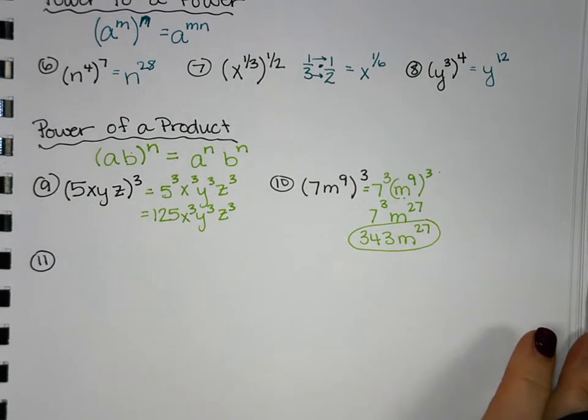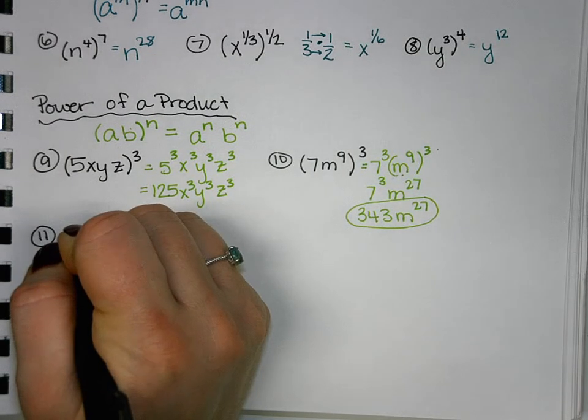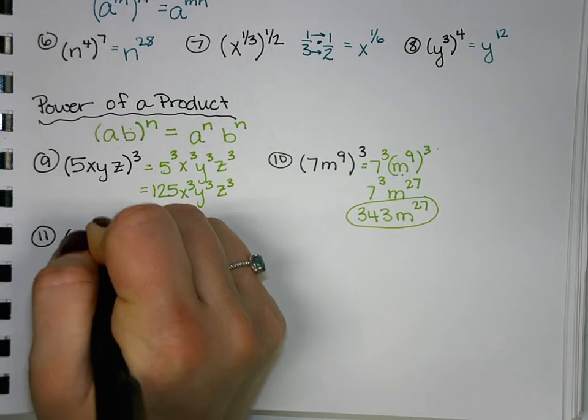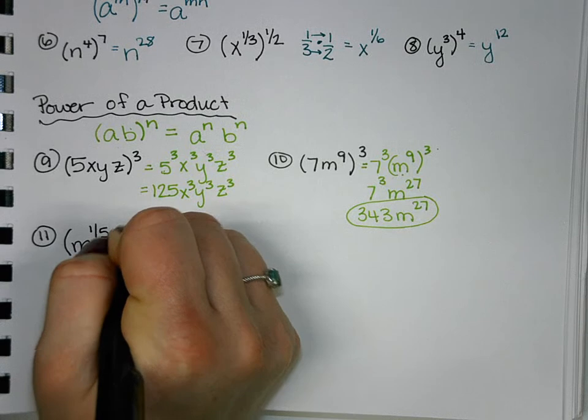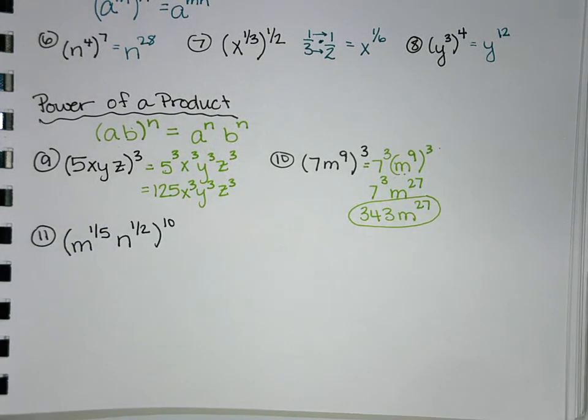Okay, number 11. m to the 1/5 power, n to the 1/2 power, all to the 10th power.